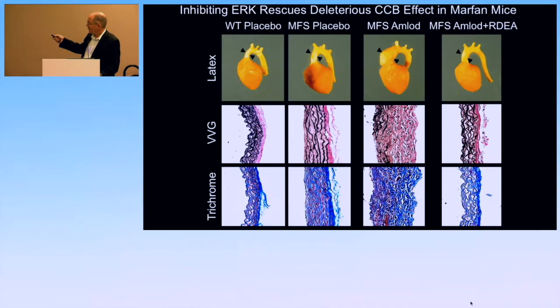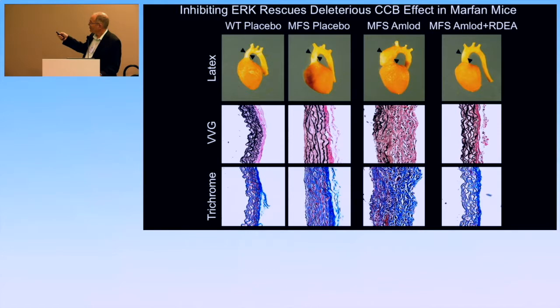Here I'm showing you these giant ascending aneurysms that we see in association with calcium channel blocker use, with a very dramatic fibroproliferative response within the aortic wall, including a tremendous increase in the deposition of collagen, as you might predict with high TGF-beta activity.